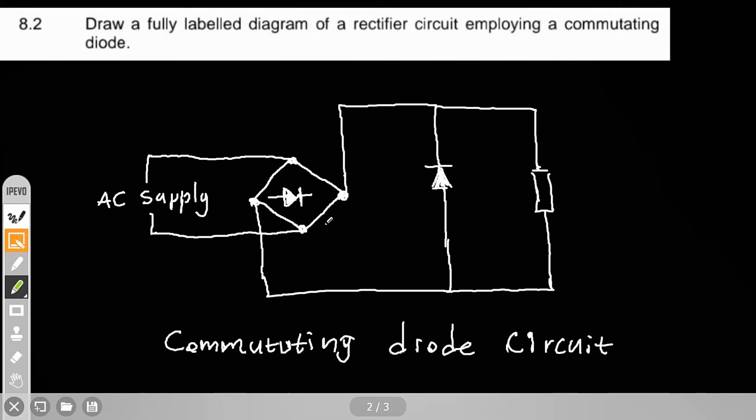Here it's a bridge rectifier. This is your bridge rectifier. And then here you have your commutating diode, just right here. This is M. Okay. Commutating diode, right? But we can also represent it as a D since it's a diode. Then here you have your R load.